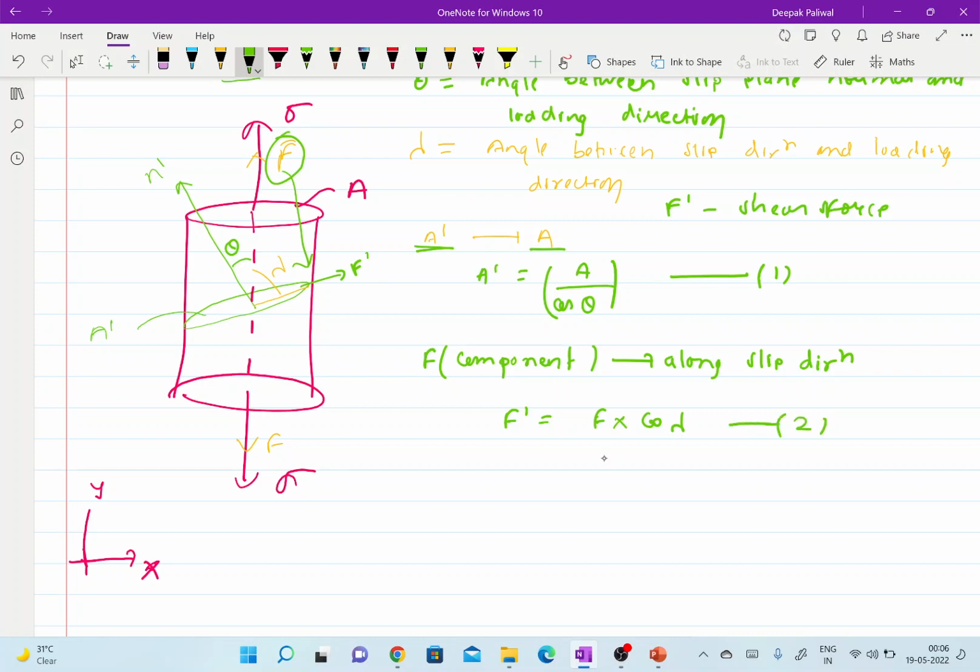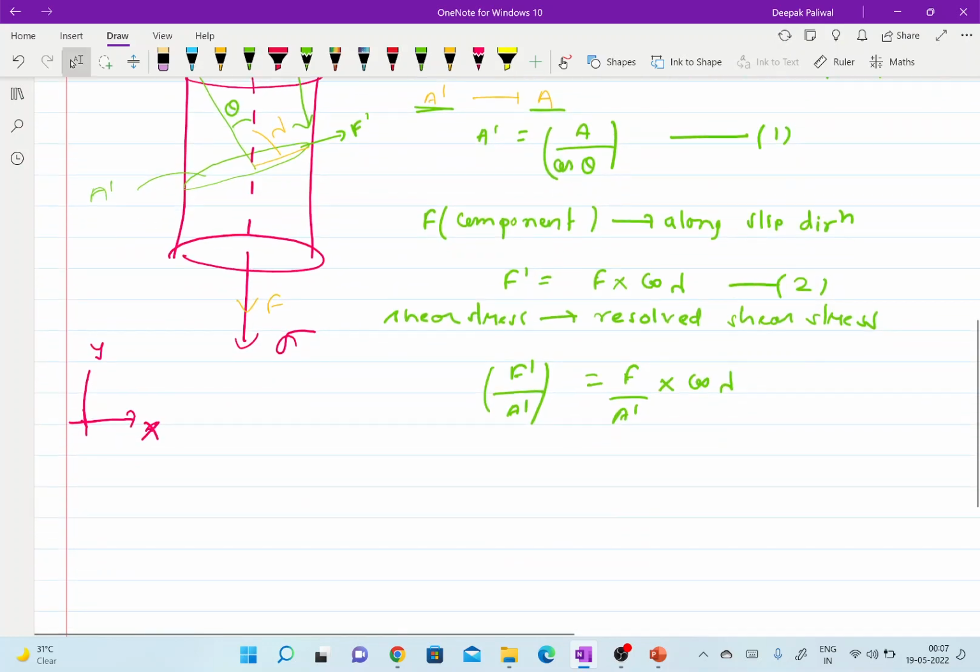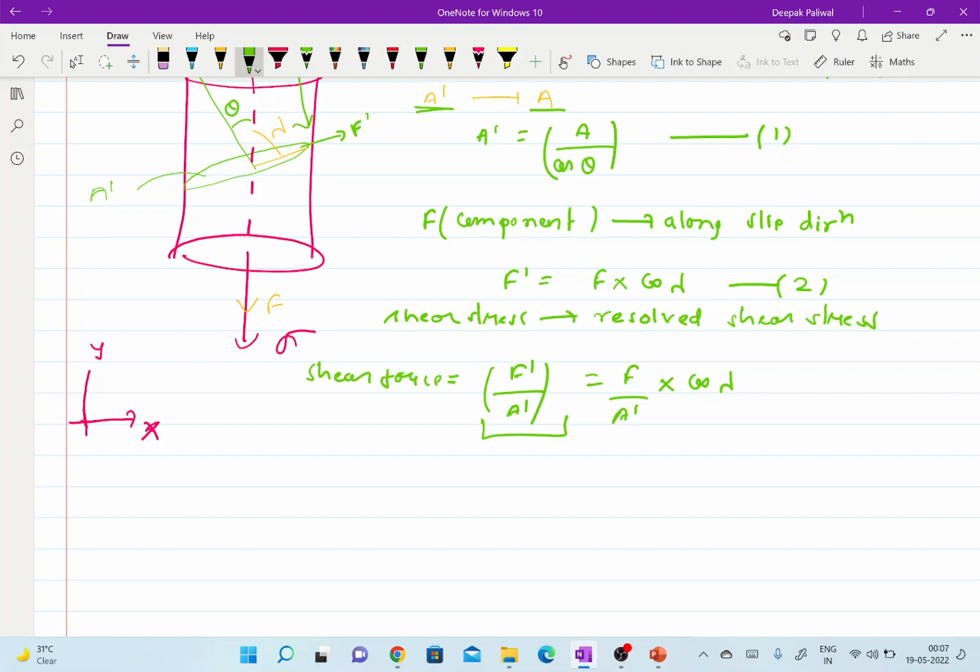Now I want to calculate the shear stress, which is our resolved shear stress. So I am dividing both sides by A prime. F divided by A prime times cos lambda. Again, F prime, by the simple definition, the shear force divided by shear area, is your shear stress.